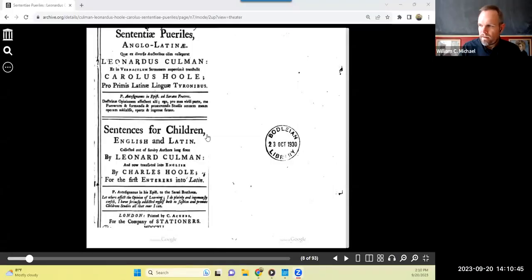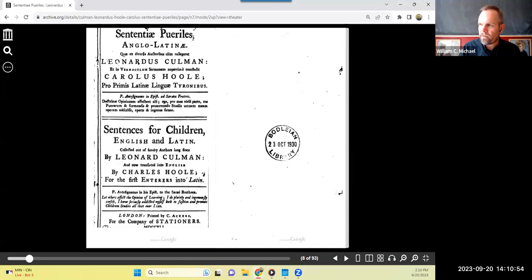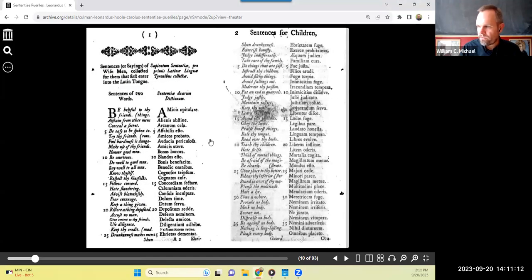Let me share my screen real quick and I'll show you one of these old books. You should be able to see this on your screen. This is an old one. It's called Sententiae Pueriles, which means, we just learned the word puerile, right? Childish. So sentences for children. You can see the English translation here, Sentences for Children. I think it was written by Coleman and then later translated into English by Charles Houle.